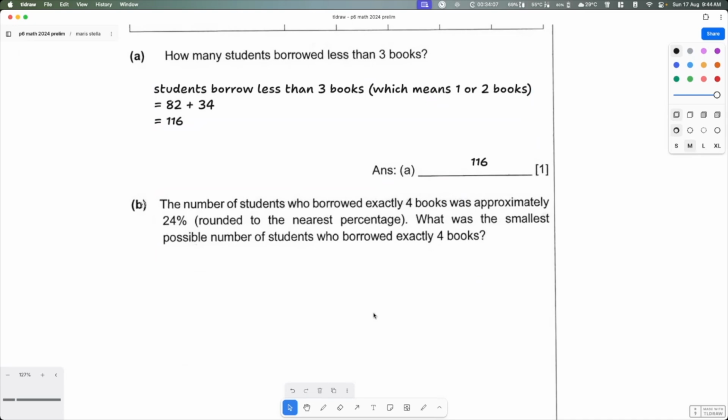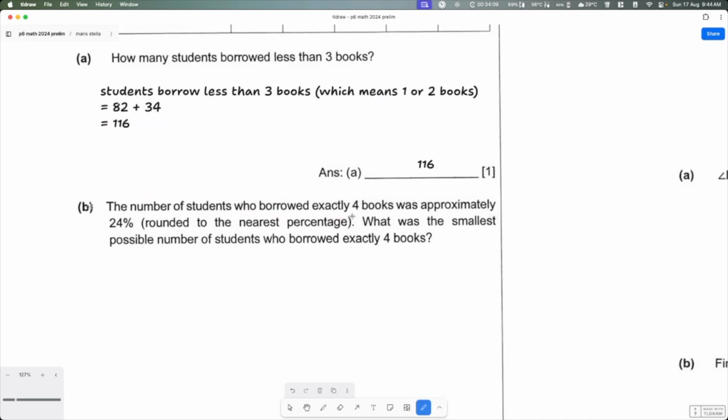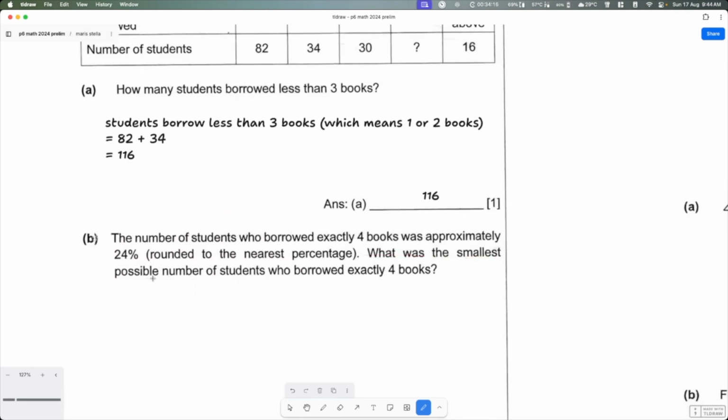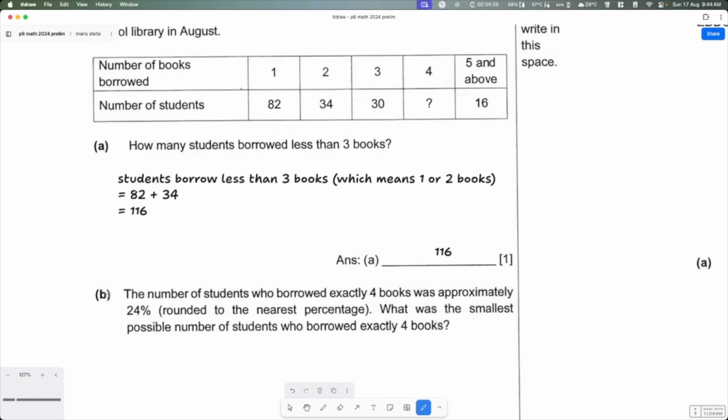Part B, the number of students who borrowed exactly 4 books was approximately 24%, rounded to the nearest percentage. What was the smallest possible number of students who borrowed exactly 4 books? Okay, so we, in a way, need to get a total.